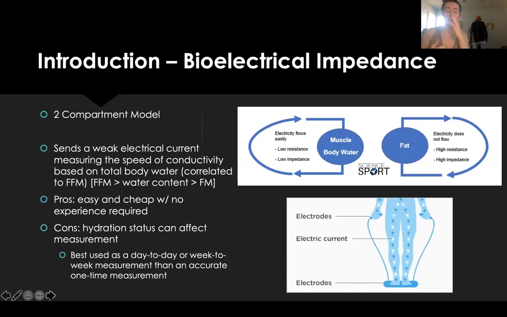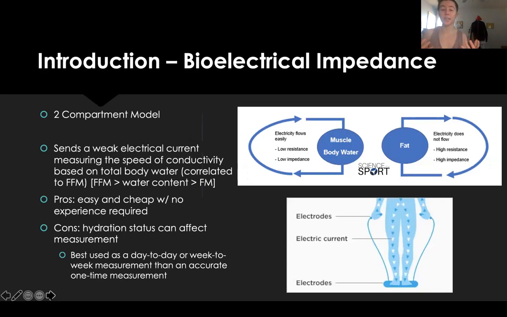Bioelectrical impedance. So this is also something that isn't required for training or anything like that. You don't need to have special training. You do need a special kind of scale. This could be the hand and foot scale, or just the hand, or just the regular foot scale.